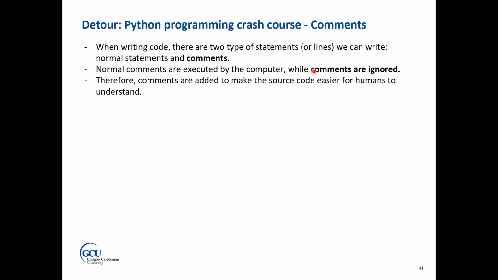Some of you might wonder then what's the point? Why are we using comments if it's never going to happen? Well, comments are probably even more important than normal statements, because they make the source code easier to read for humans. For example, imagine that you're reading some code with hundreds of lines and suddenly you find something like x equals x plus 25.